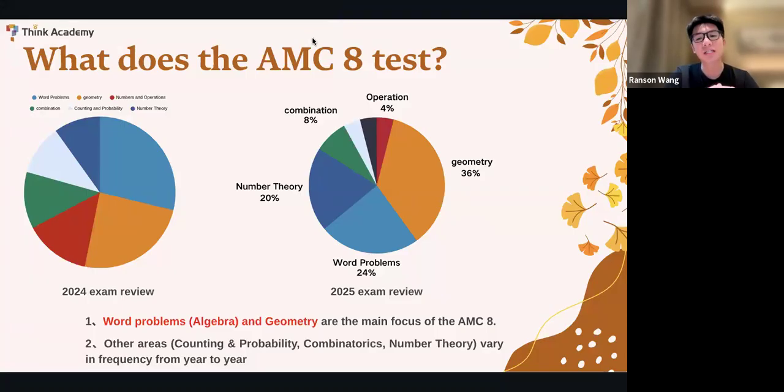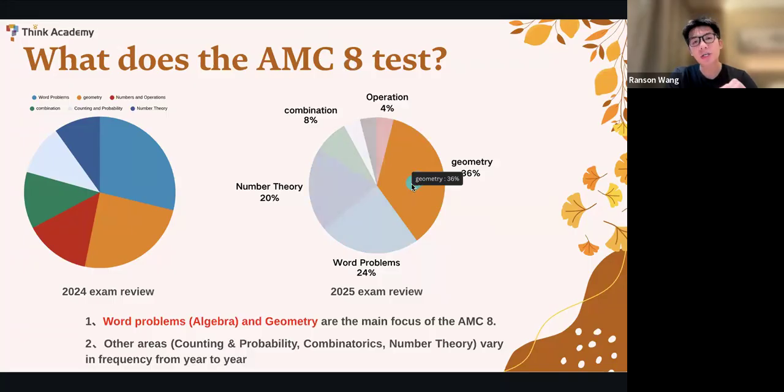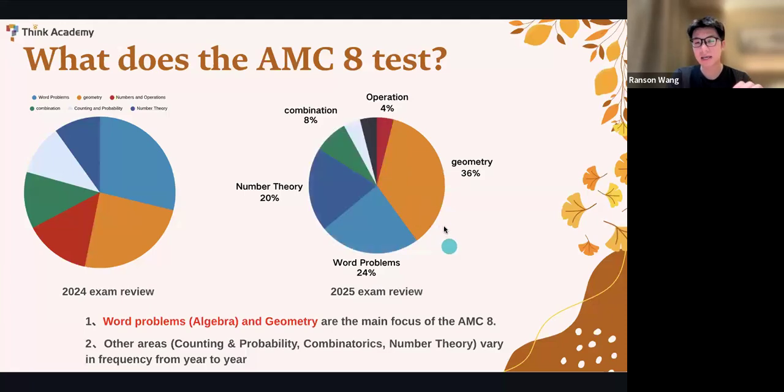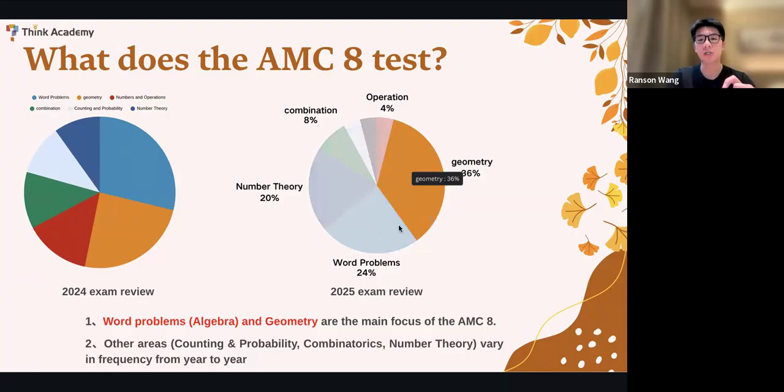In 2025, geometry is definitely the very important module in the MCA. In this year's MCA, I think it tested 9 out of 25 questions in geometry. So this is definitely the most important module.